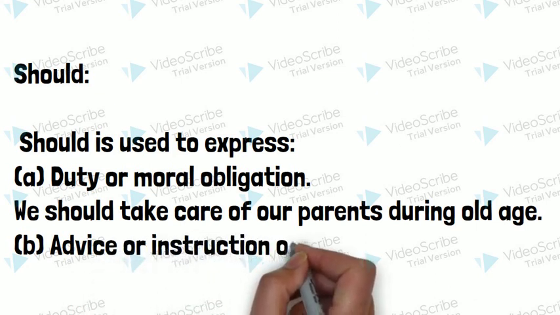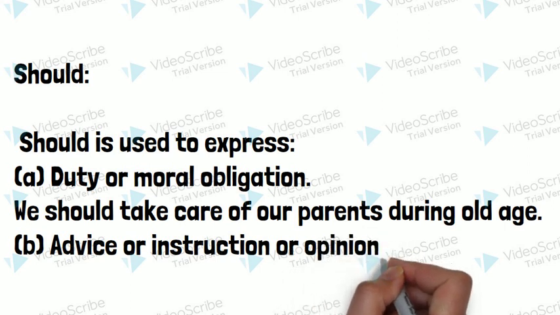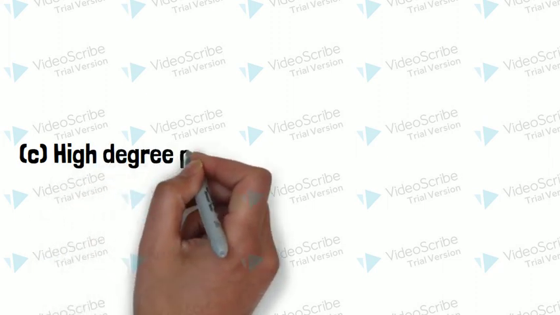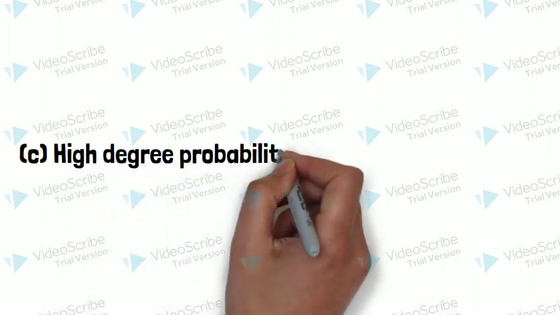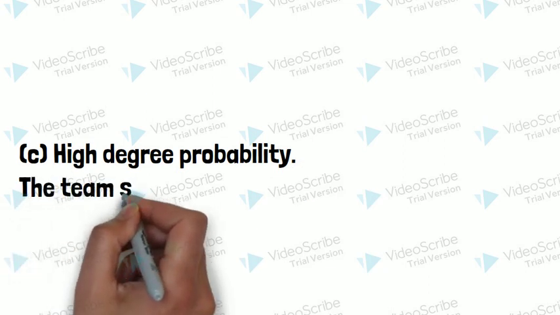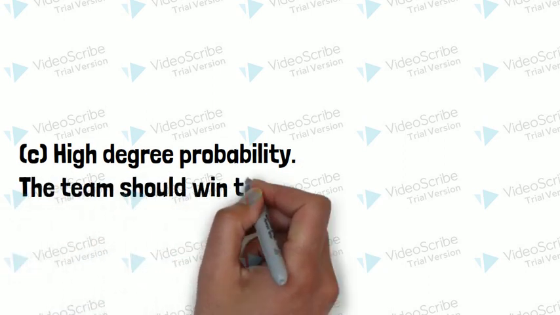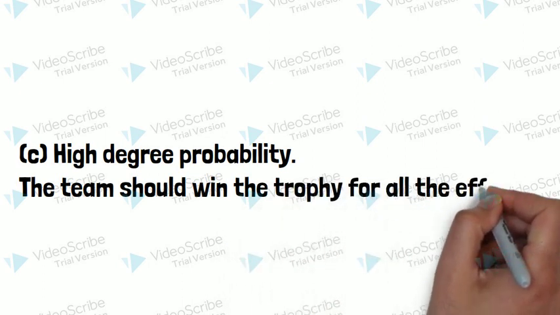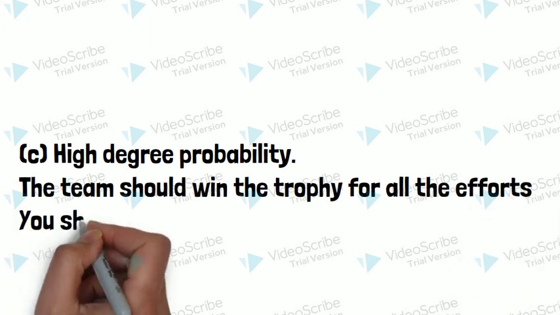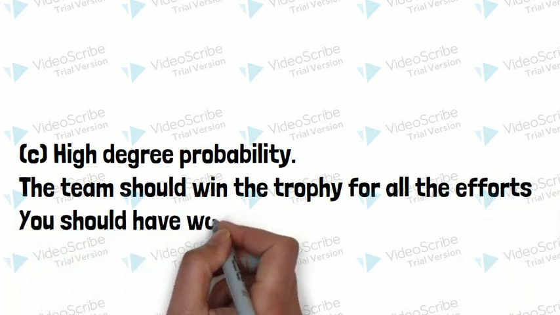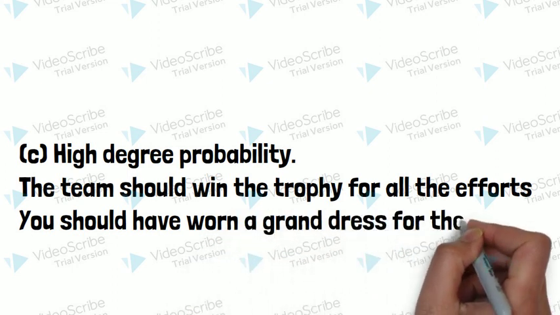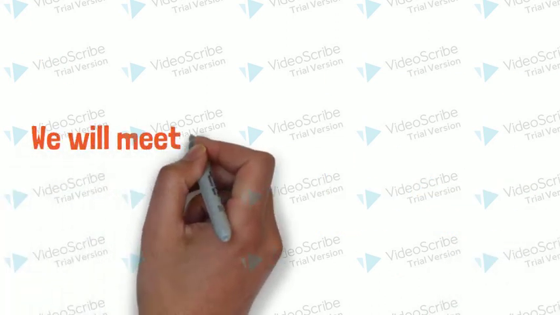You can use should for these three. High degree of probability: for high probability, you can use should. The team should win the trophy for all the efforts. They will definitely win. If you are saying a sentence with high probability, you can use should there. You should have worn a grand party dress for the party. These are the sentences used for should.